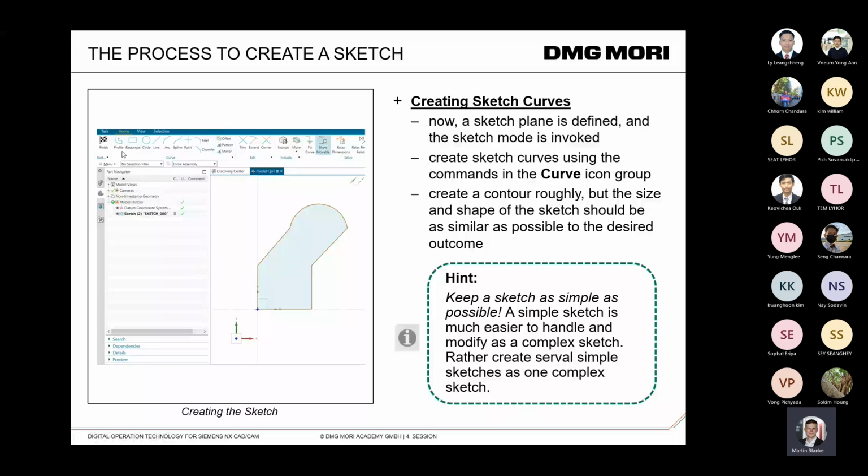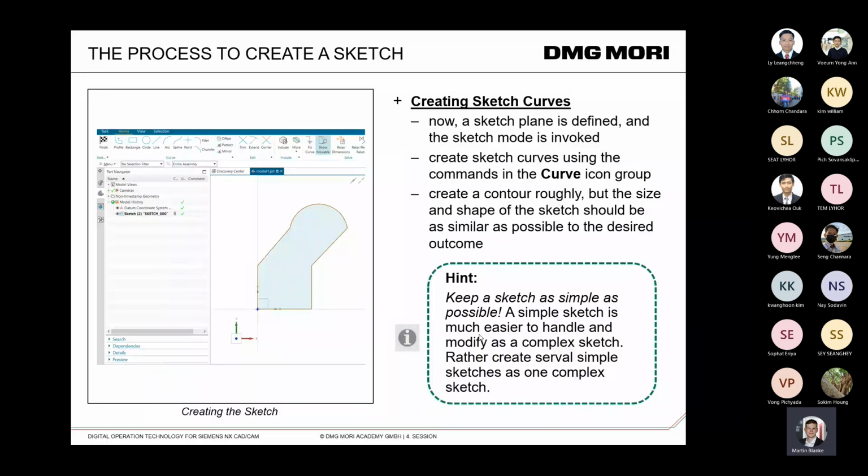Then create a contour roughly, but the size and the shape of the sketch should be as similar as possible to the desired outcome. And again, it's a very important hint, not for today, but for your future. Keep a sketch as simple as possible. A simple sketch is much easier to handle and modify than a complex sketch.